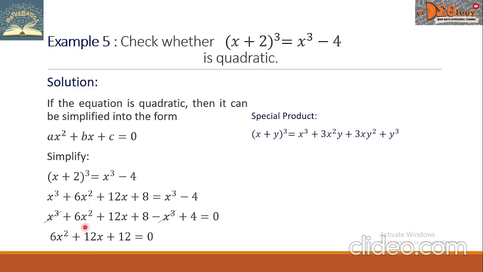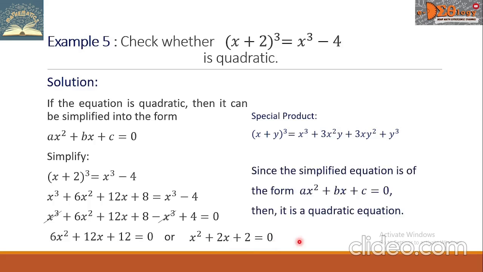Then we copy this 6x squared plus 12x, then 8 plus 4 is 12 equals 0. We can simplify this further by dividing by 6. So we have x squared plus 2x plus 2 equals 0. Since the simplified equation is of the form ax squared plus bx plus c equals 0, then it is a quadratic equation.